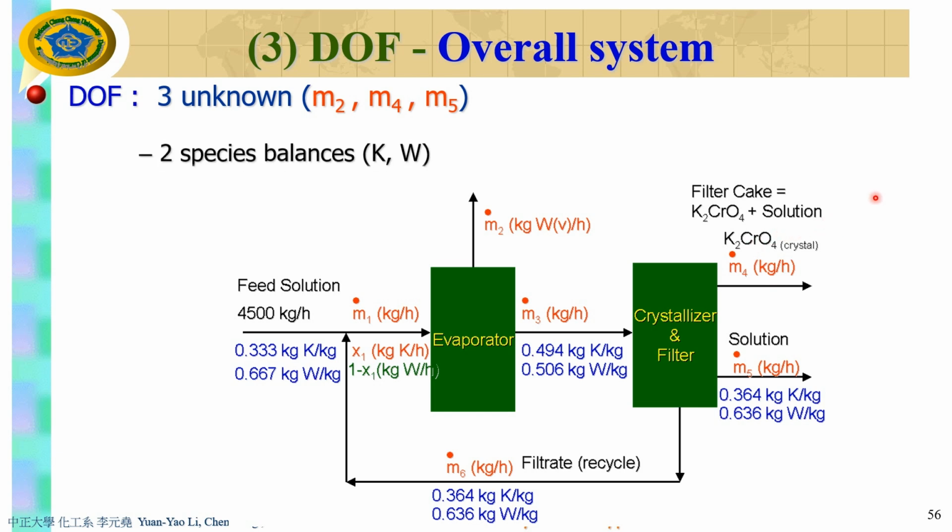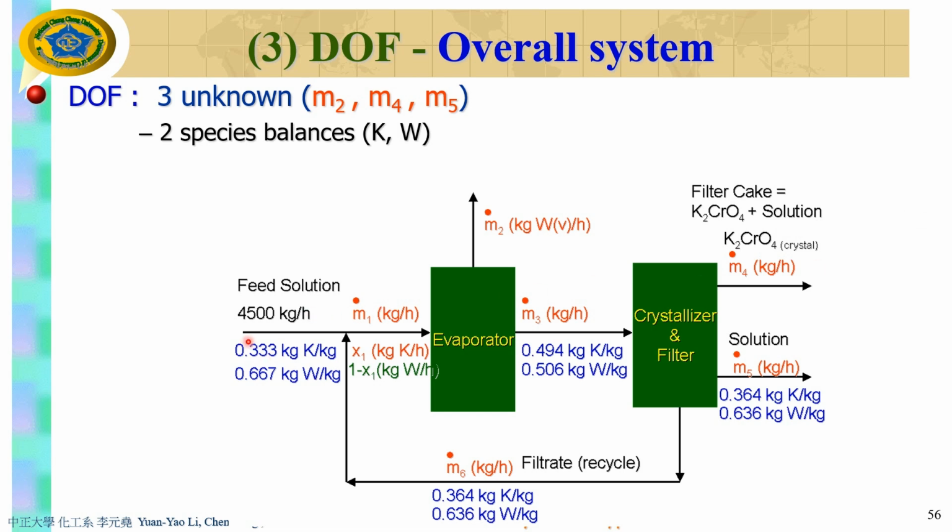So you can create 2 equations: water input equal to water output, and potassium chromate input equal to potassium chromate output, right? I hope you already practiced during the weekend, which I don't believe, but anyway, I hope you did.